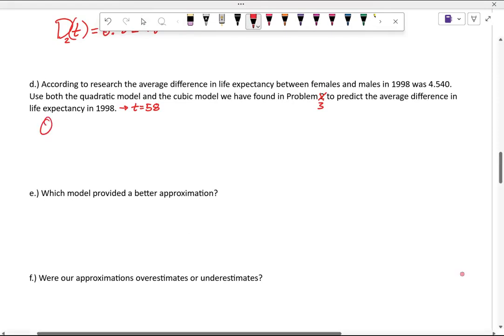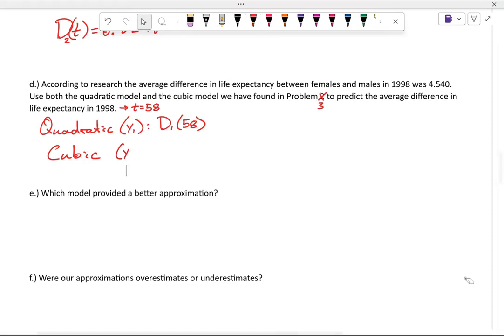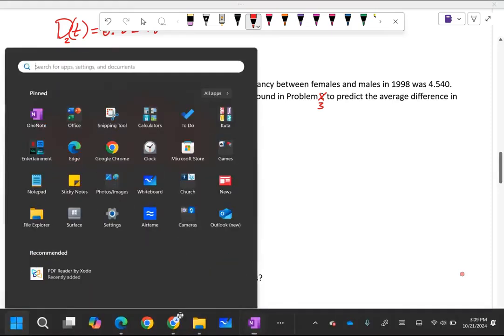This is our quadratic, which I put under y1, and that's going to be D sub 1 of 58, and then our cubic, which I put under y3, and that's going to be D sub 2 of 58. All right, let's go to our calculators and see what it gives us.